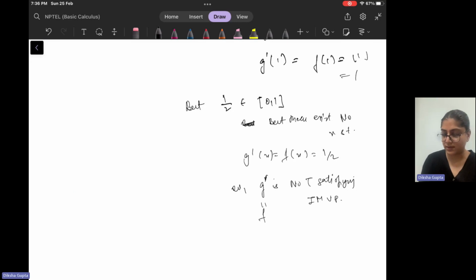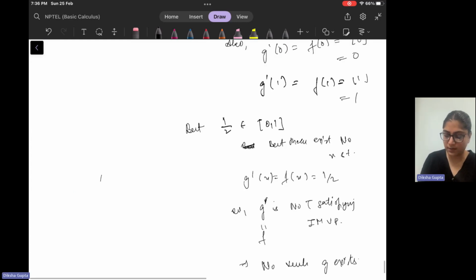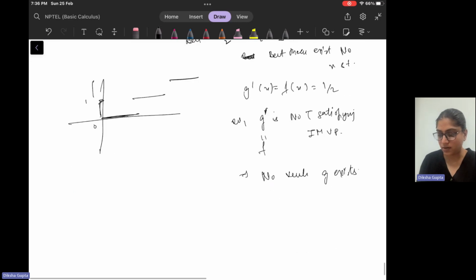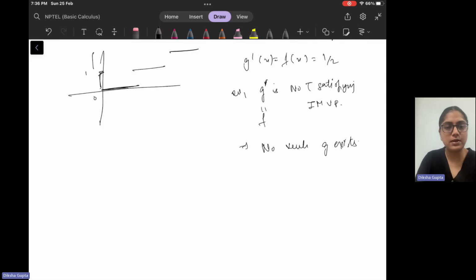So g dash equals f implies no such g exists. You know that the floor function can only take the value 0 and then 1, something like this, right? So it is not taking the intermediate values. That's why it cannot be the derivative of any function, using the intermediate value property of the derivatives. Okay.